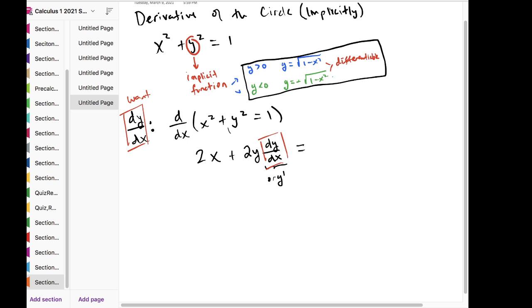So let's just make this clear. d dx of y squared, chain rule, 2y dy dx. So this is x squared composed with y.